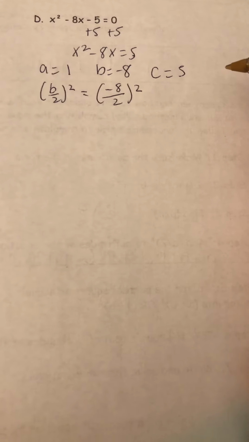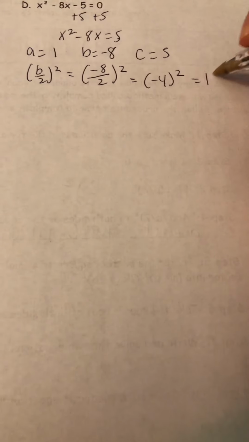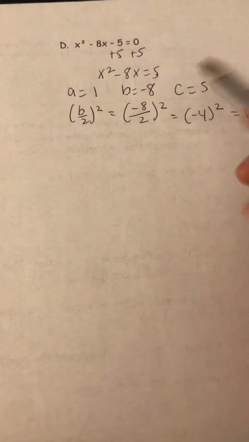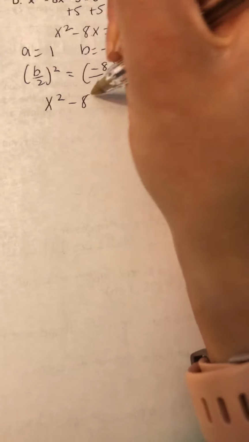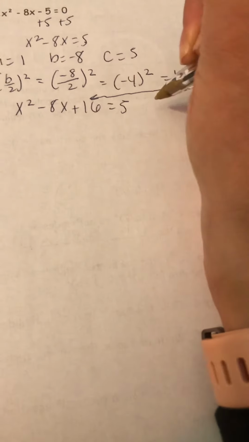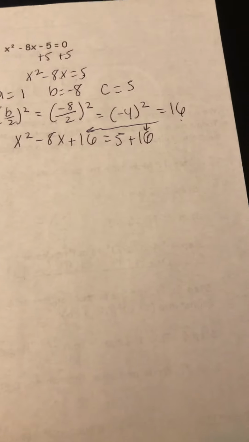B is negative 8. Negative 8 over 2 is negative 4. Negative 4 squared is 16. And that term will get added to both sides. So I have x squared minus 8x plus 16 is equal to 5 plus 16.